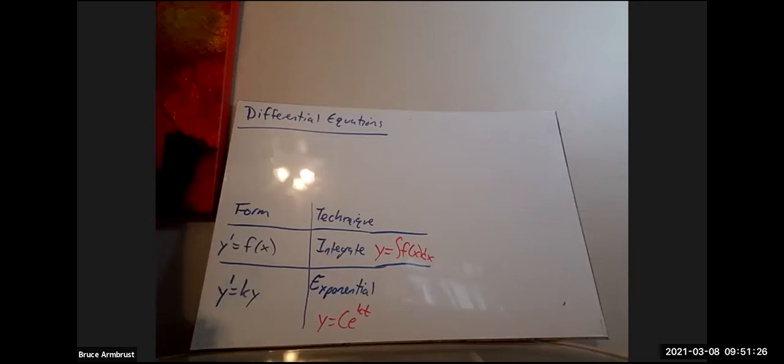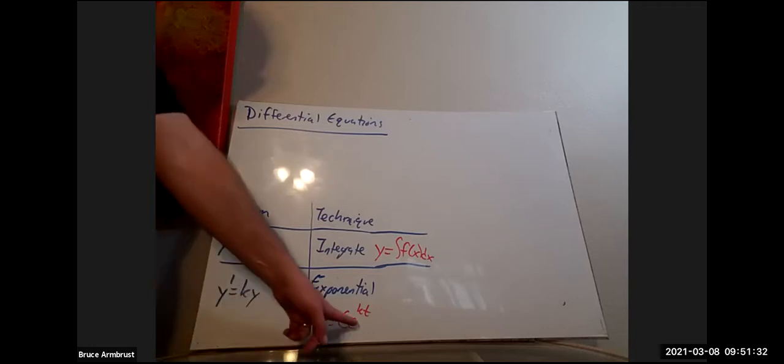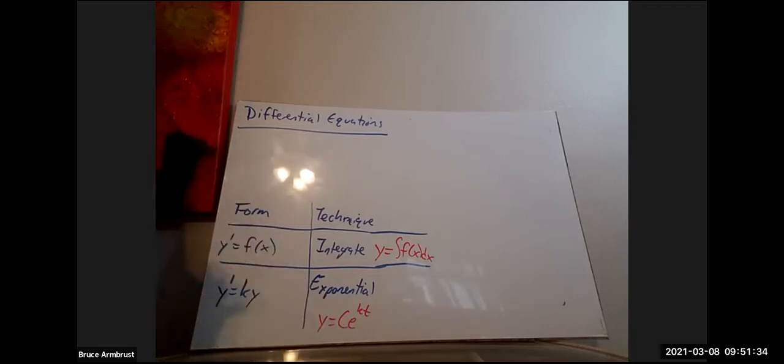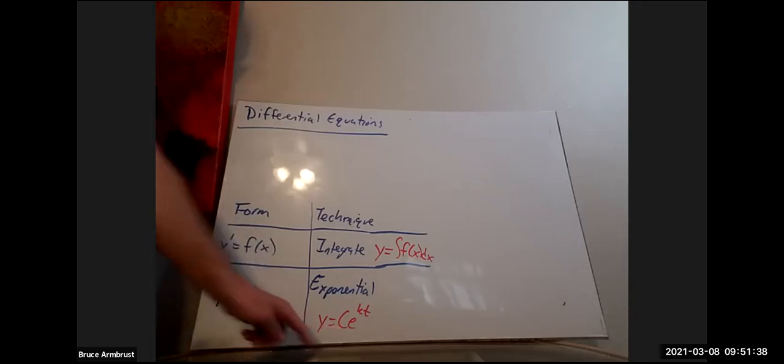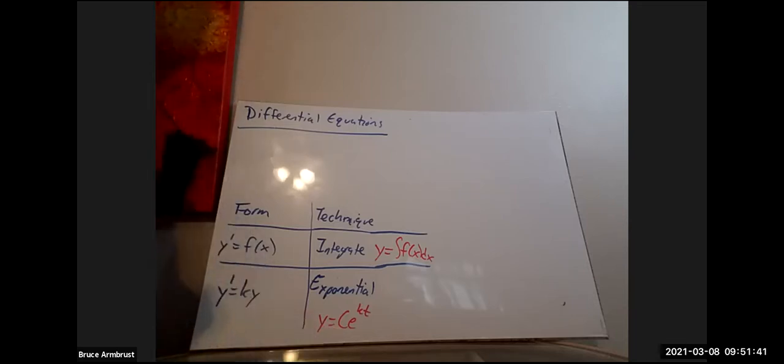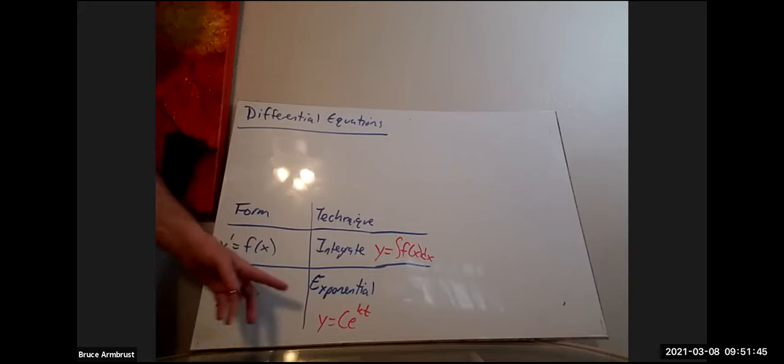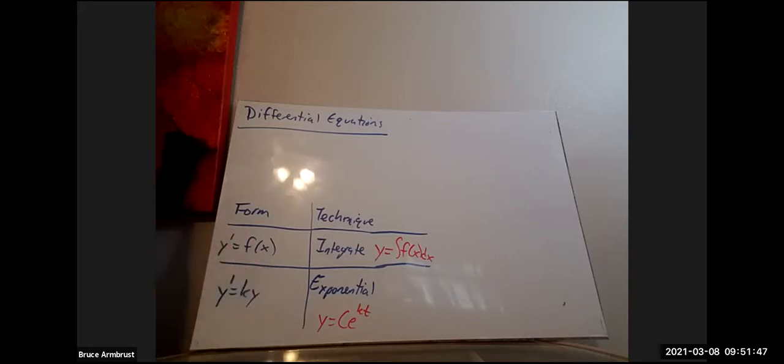We saw this, the function whose derivative is a multiple of that function was an exponential guy. And again, this is the general form. That C right there tells us it's the general form. And we were able to find that C if we knew something, right? If you go back to that exponential stuff, we had to know how many bacteria cells we started with.